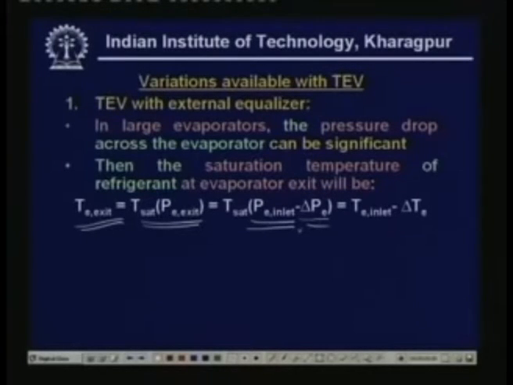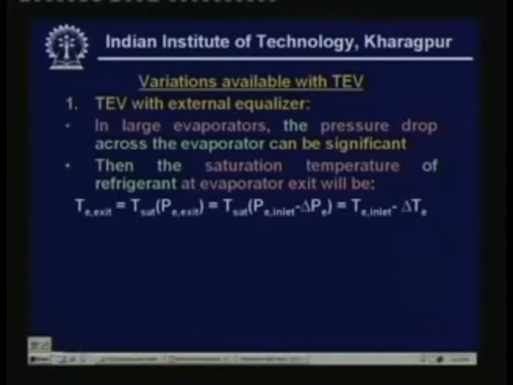When this pressure drop across the evaporator is negligible or 0, then the exit temperature is the same as the inlet temperature, because exit pressure is the same as the inlet pressure. But in large evaporators, especially single path evaporators, delta P can be very high.